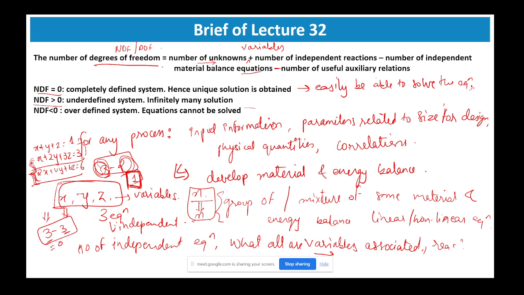Say you choose any x, or in other words, to solve the pair of equations, you need to supply one value. For example, if I give you x equals 1, you just solve these two equations.